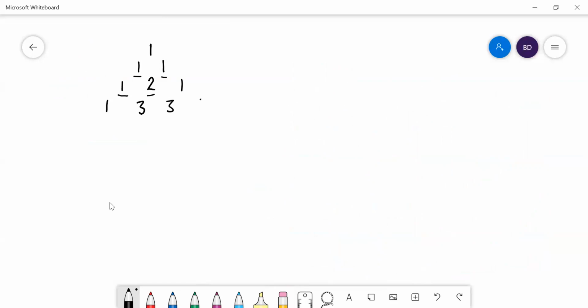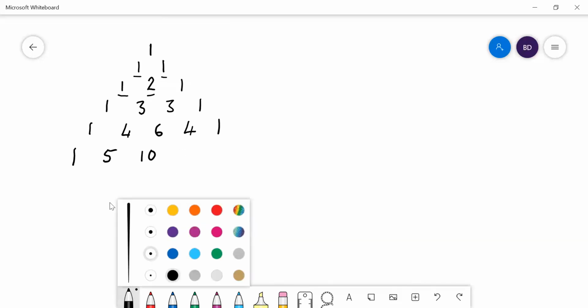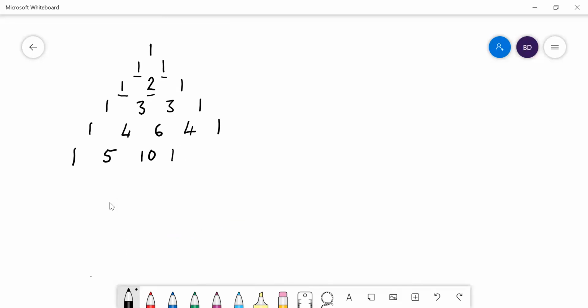Same there. This one, 1 plus 3 makes 4. 3 plus 3 makes 6. 3 plus 1 makes 4. And you can carry on like that. 5, 10, 10, sorry, 5. That's 5. And that's 1.